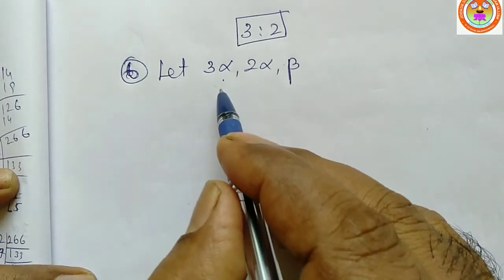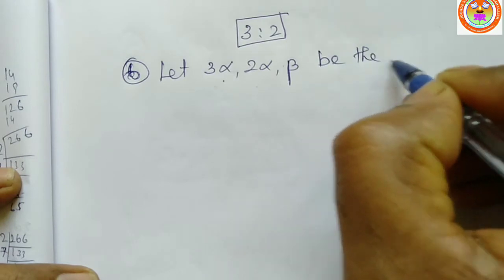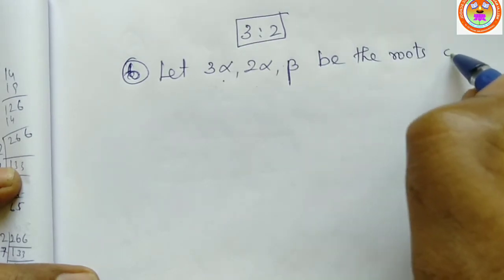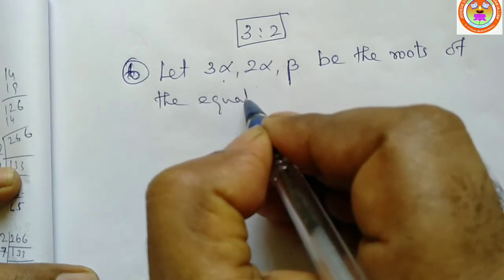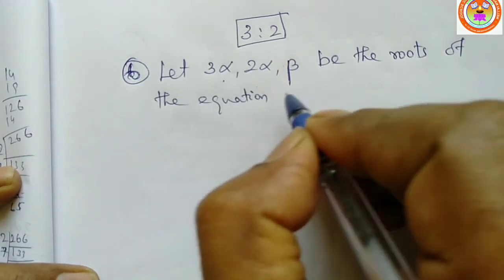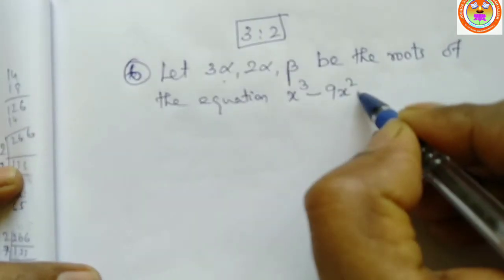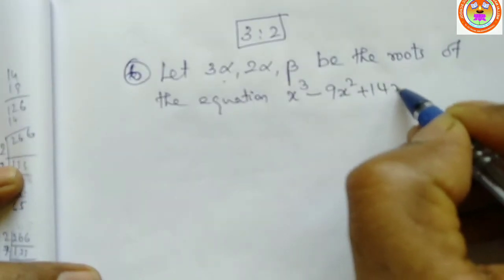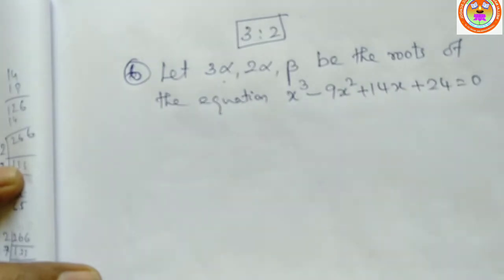So let 3 alpha, 2 alpha and beta be the roots of the equation x cube minus 9x square plus 14x plus 24 is equal to 0.